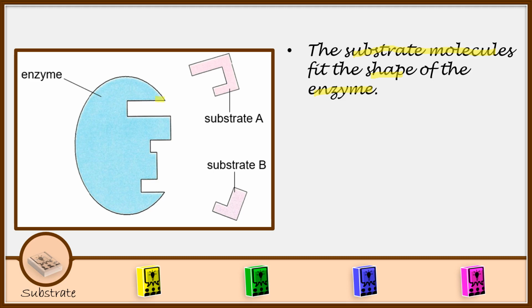This point here is the active site, which is on the enzyme. This active site on the enzyme is where the substrate is going to fit. Now here we have our substrate A and we have substrate B. They are going to fit into our enzyme.